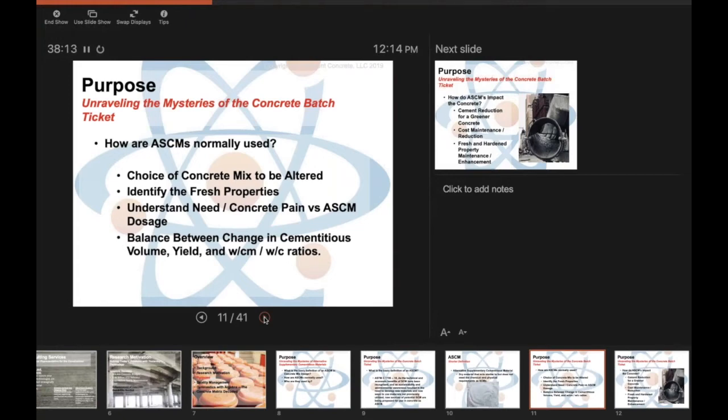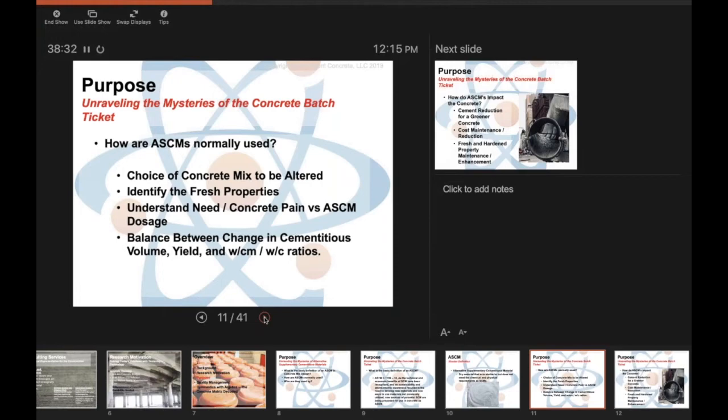Now, when we look at how we use ASCMs, it's all related to choosing the concrete mix. Using ASCMs, you're primarily going after solving many of the problems that are identified in the industry.